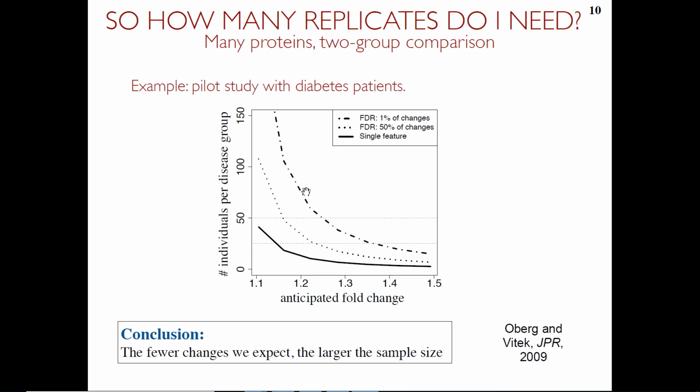The intuition is, again, that we want to protect ourselves against false positives. If everything is a true positive, there is less opportunity for false positives, and we don't need to work as hard. But if only 1% are true positives and everything is an opportunity for a false positive, we need to protect ourselves more, and this means a larger sample size.